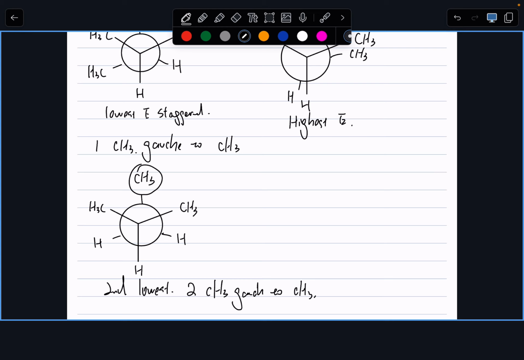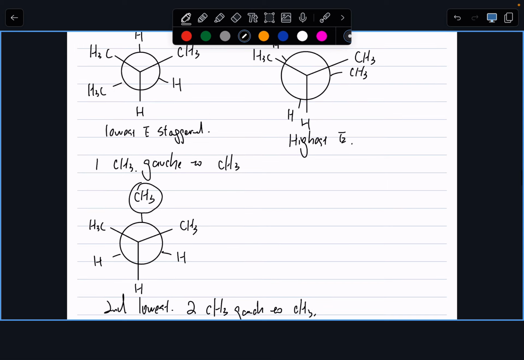And we have another eclipse conformation that's lower than the one we just drew. That is, you can put the hydrogen on top of your methyl group. So that's, well, actually let me rotate it this way so it's befitting.